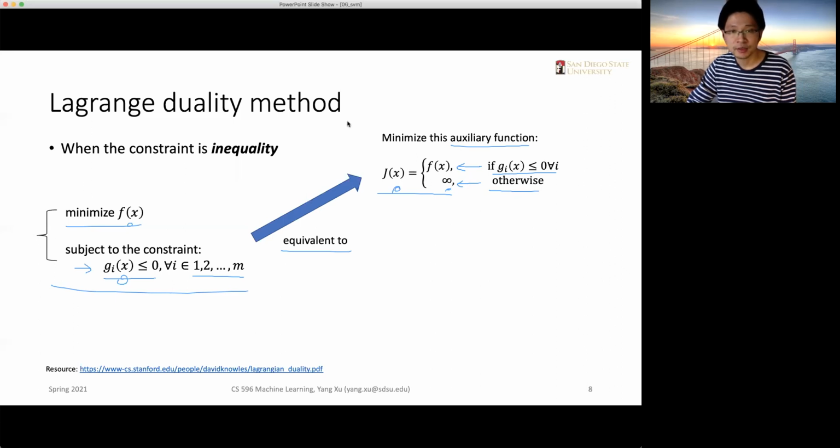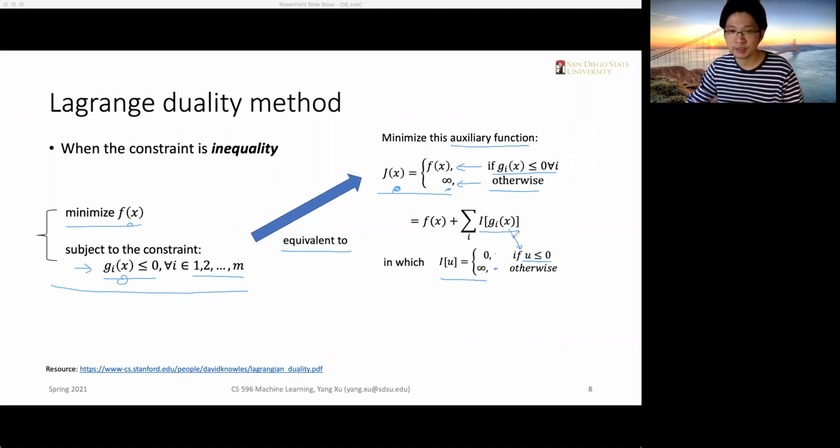Given this auxiliary function j of x, we can further use an indicator function to help define j, and this indicator function is either 0 or infinity, depending on whether the expression of the constraint function is lower than 0.